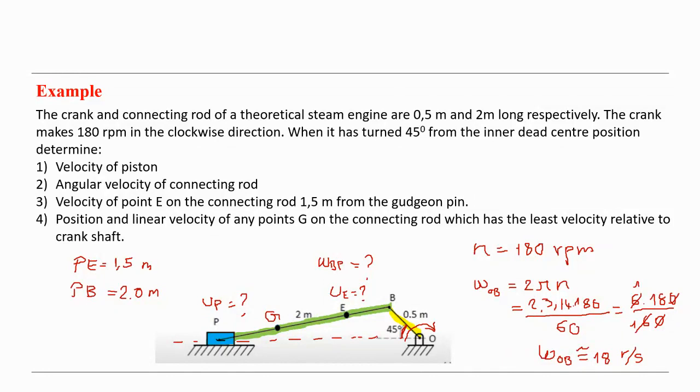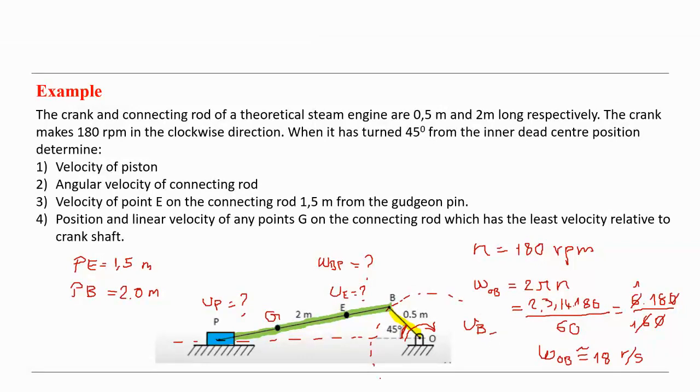Okay, we know the angular velocity of OB. So how can we calculate the tangential speed of the point B? We know that from the previous explanation. VB is making a circular motion, pure circular motion like this.